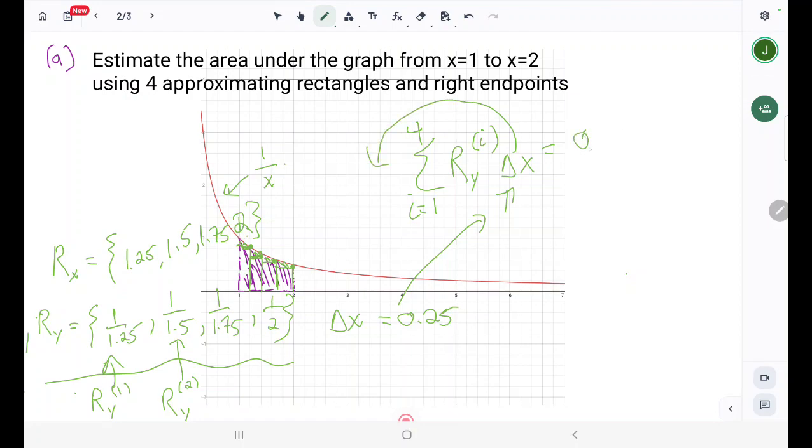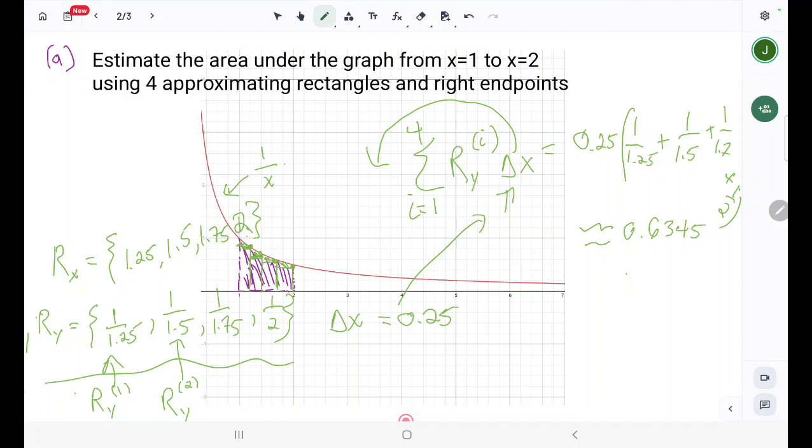We're going to say 0.25 times 1 divided by 1.25 plus 1 divided by 1.5 plus 1 divided by 1.75, and 1 divided by 2. Okay, and if I do that, this is approximately equal to 0.6345.